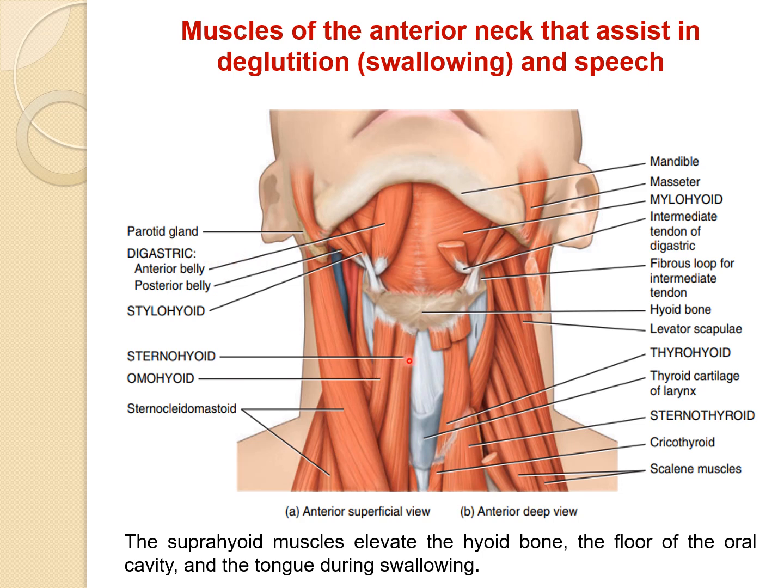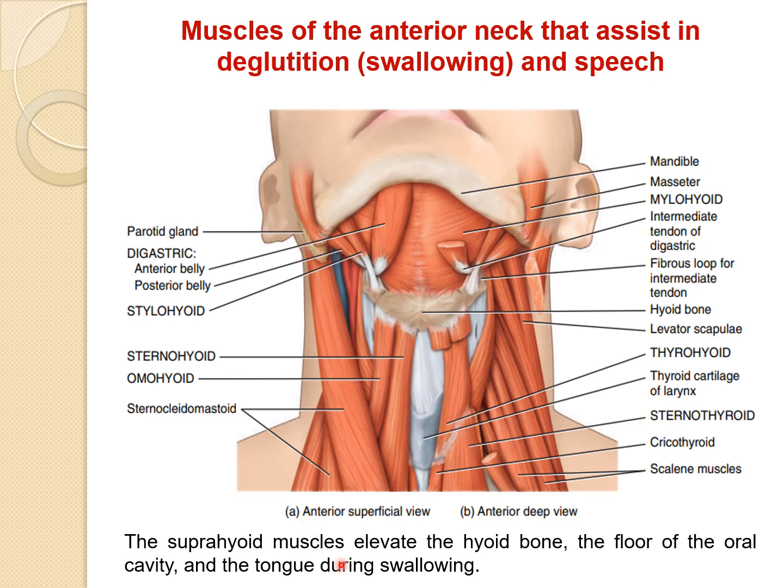And this muscle is sternohyoid and this one is omohyoid and these are the sternocleidomastoid muscles. If you see here, this muscle is the thyrohyoid and this one is the sternohyoid.